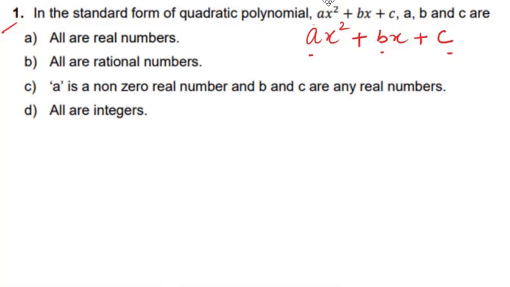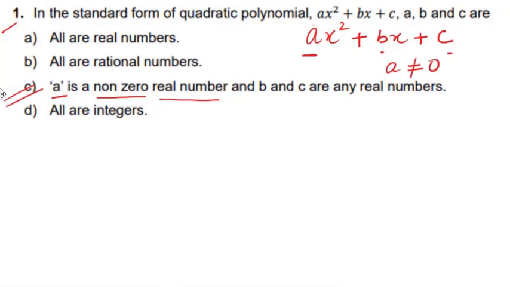So a, b, c are real numbers. They may be rational numbers, they may be integers, but the correct option is C. A is a non-zero real number. This should not be zero. A is not equal to 0.